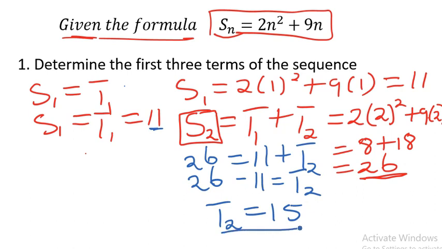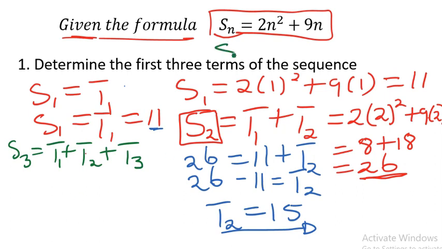We have T1 and T2, so we need T3. In order to get T3, let's find the sum of the three terms, which will be T1 plus T2 plus T3. First, I find the sum of the three terms. Where there is N, I'm writing 3.